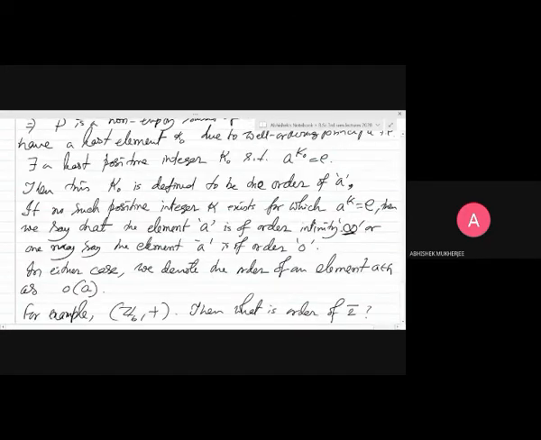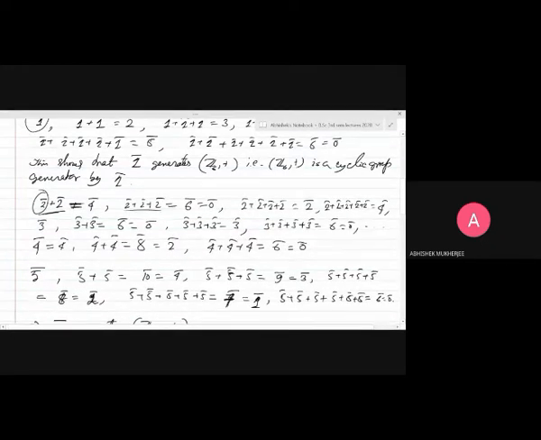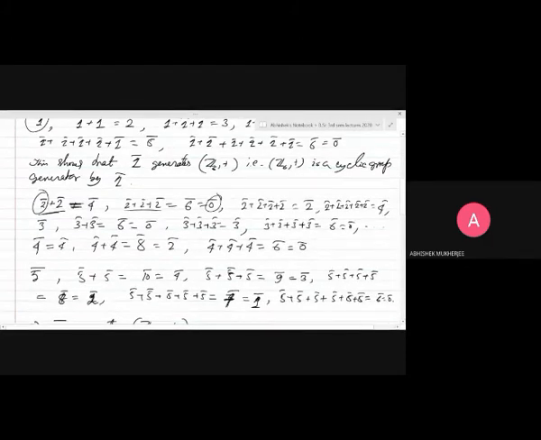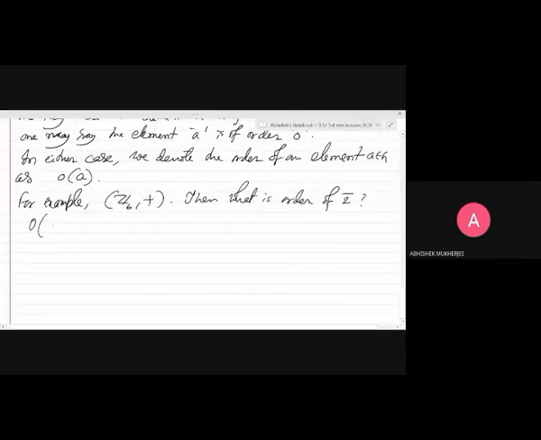What we have seen in this example, just check it on your own, is that the class of 2 plus the class of 2 is the class of 4. Then adding up 3 times, you have the class of 0. So the order of the class of 2 is 3.